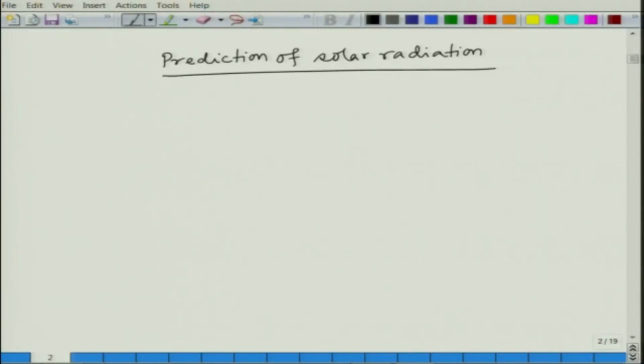So, that is why solar prediction is important, and there the most basic model that is often used is the linear model. So, what we do?